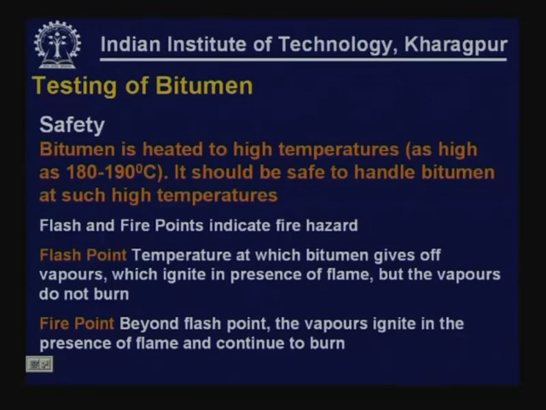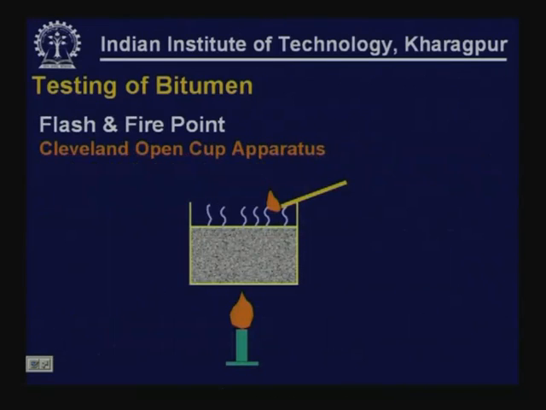beyond this flash point temperature, if you continue to heat the bitumen, the vapors start igniting after a certain temperature in the presence of flame and continue to burn. The temperature at which the vapors start igniting and then starting to burn is fire point. In this, the commonly used test method is the Cleveland open cup, COC, apparatus method.